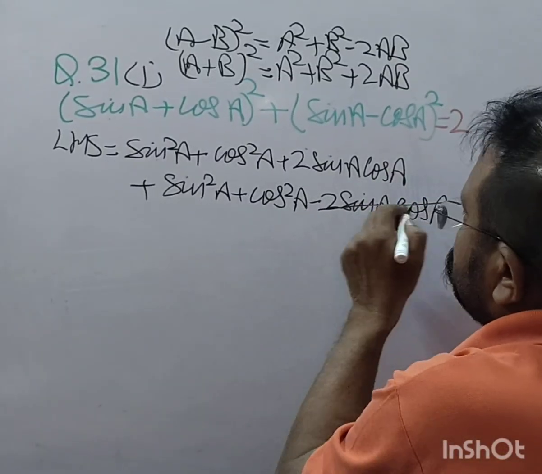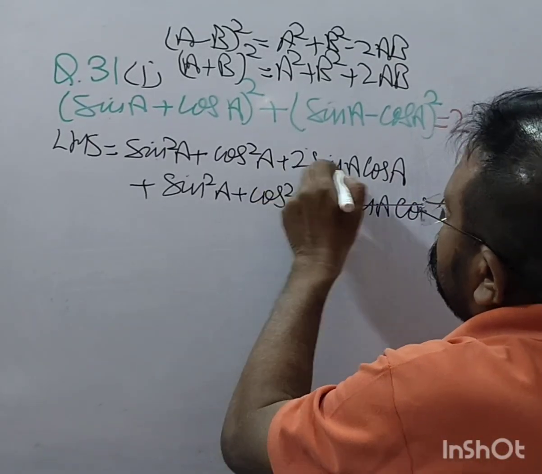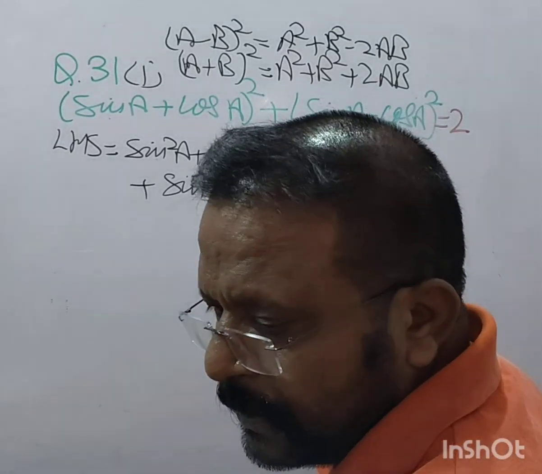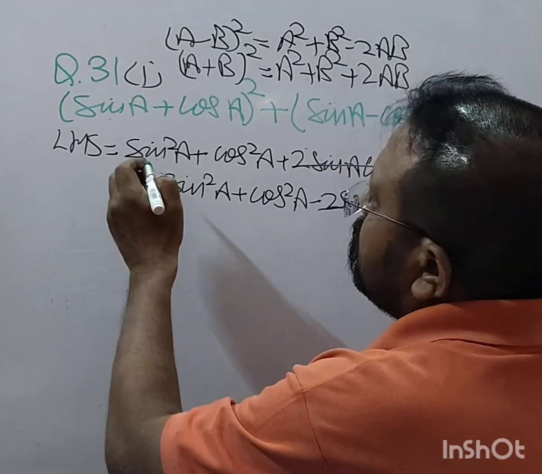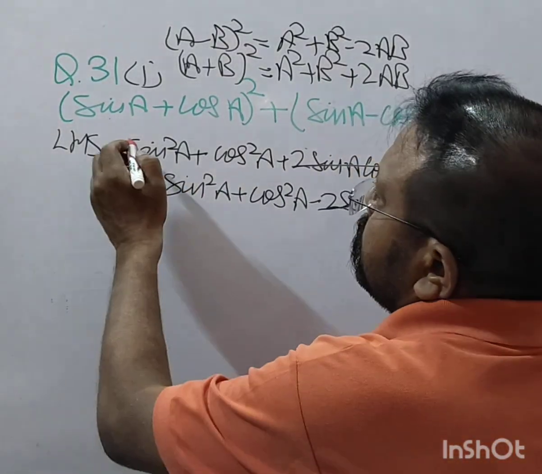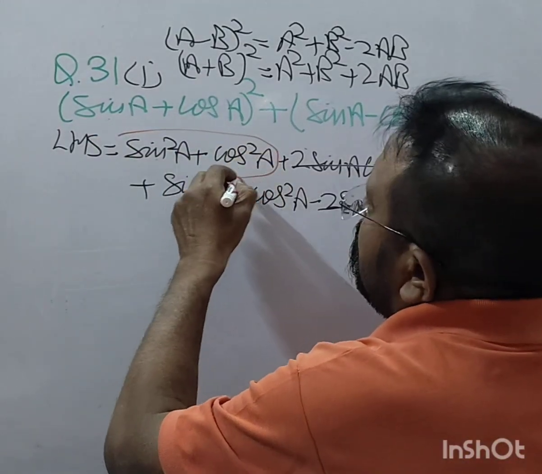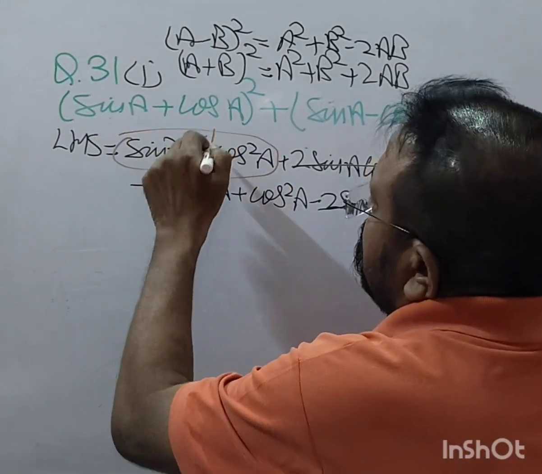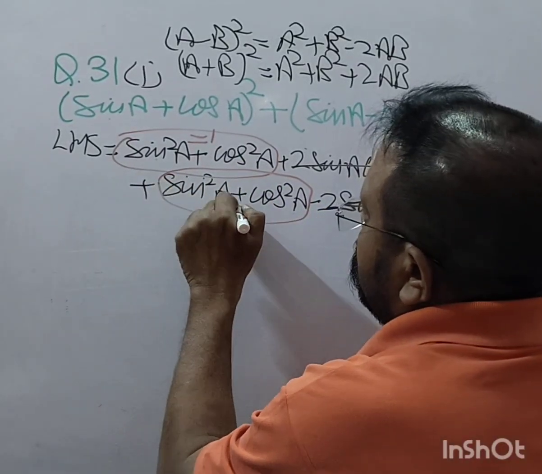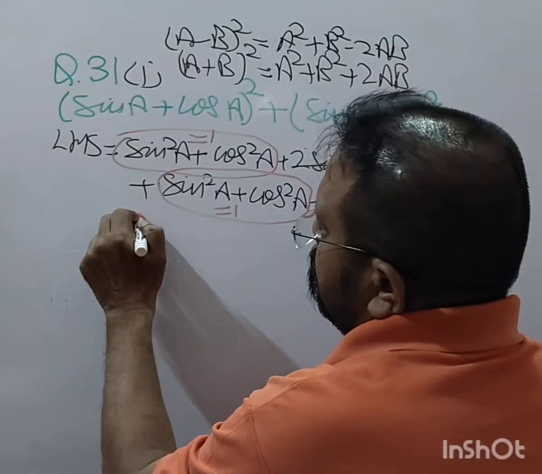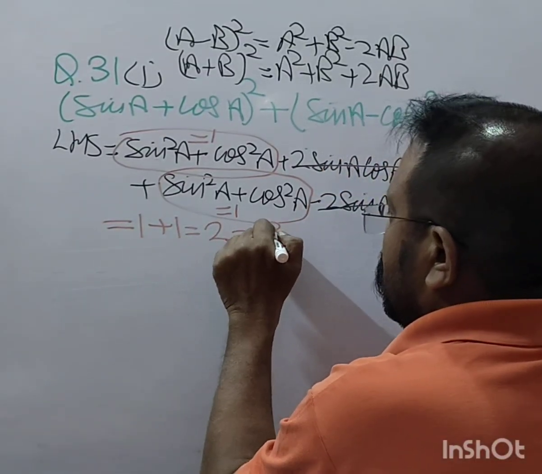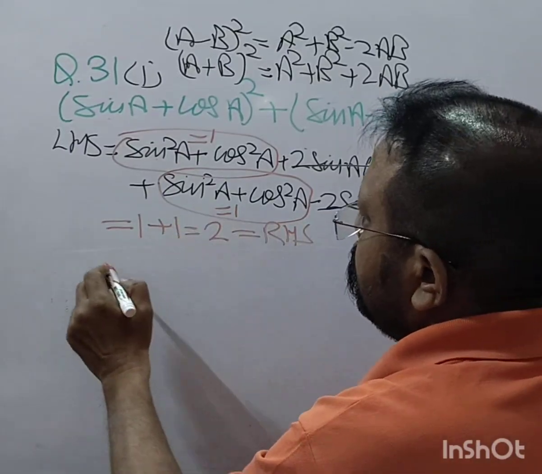Then plus 2 sin A cos A and minus 2 sin A cos A cancel out. Sin square A plus cos square A is equal to 1, and again sin square A plus cos square A is 1. So we get 1 plus 1 is equal to 2. That is equal to RHS. Done?